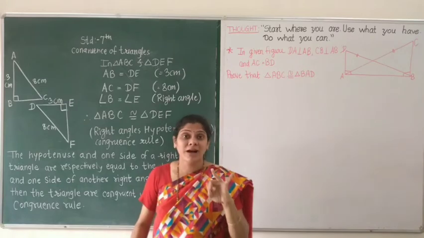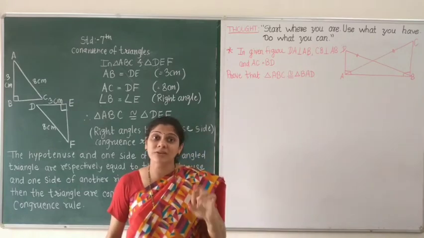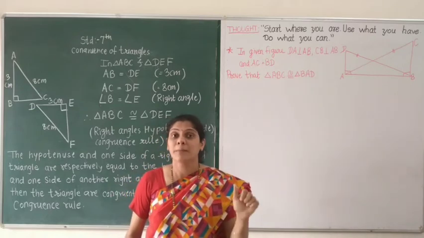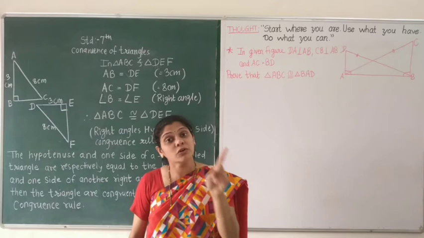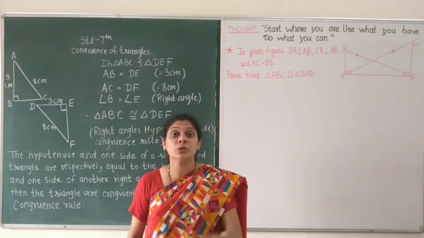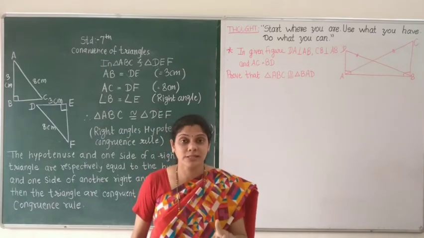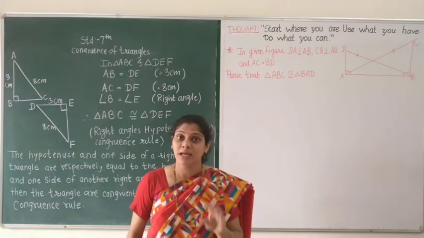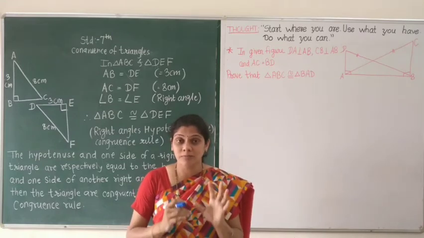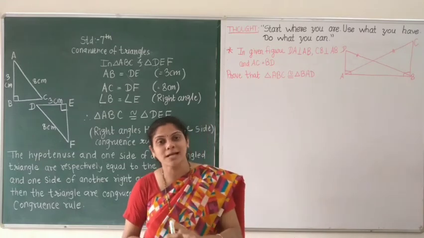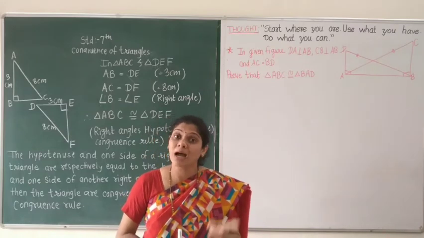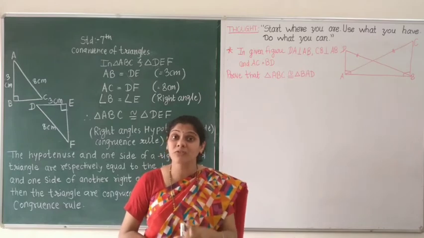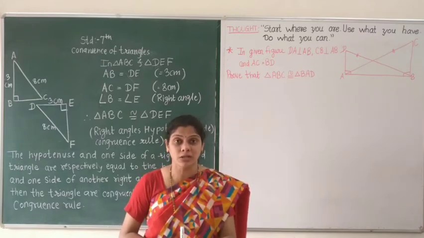Look here, while solving the problem, they give us two side measurements. But if they don't give us the hypotenuse measurement, you have to find it out by using the Pythagoras theorem. If they give us measurements of two sides but not the hypotenuse, then you have to find the hypotenuse by using the Pythagoras theorem.